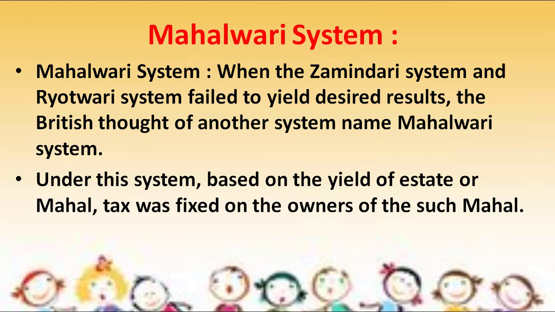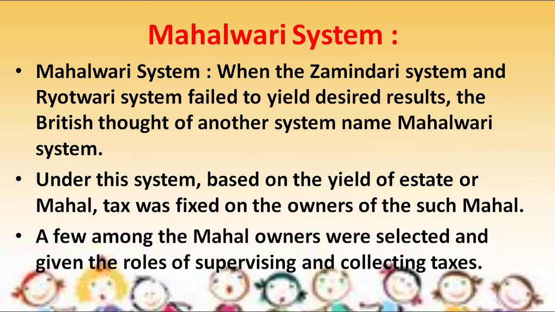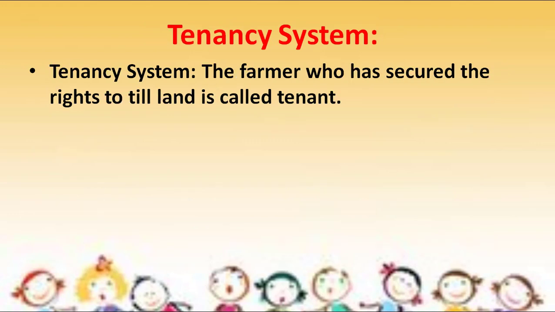Under this system, based on the yield of an estate or mahal, tax was fixed on the owners of such mahals. A few among the mahal owners were selected and given the roles of supervising and collecting taxes. So that was introduced by the British to earn income. Mahal means taluk.